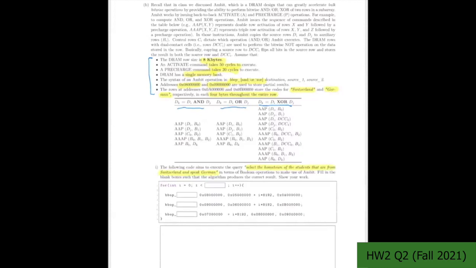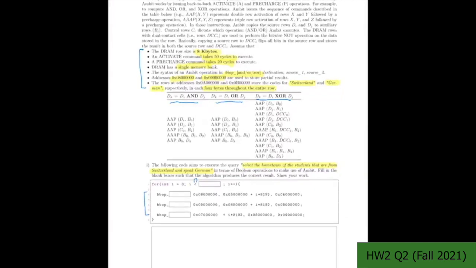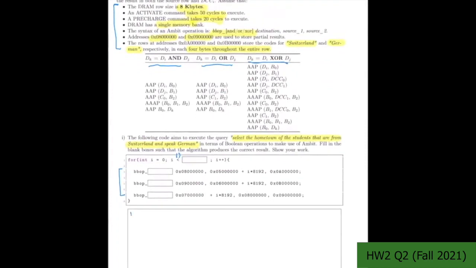The first one asks for how long this loop is going to execute, and then there is the sequence of Boolean operations that Ambit is going to execute. So let's do the first thing first. How many times is this loop going to execute? You have a DRAM row that is 8 kilobytes, which is 2 to the 13.